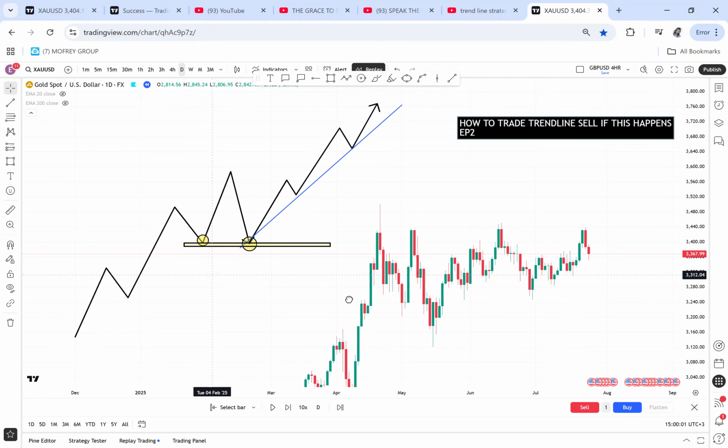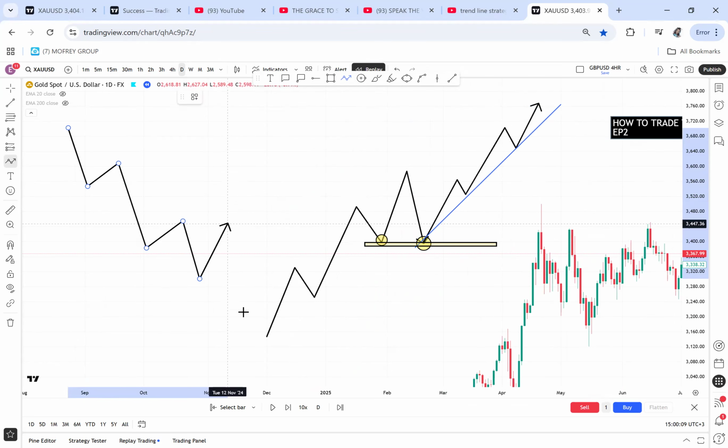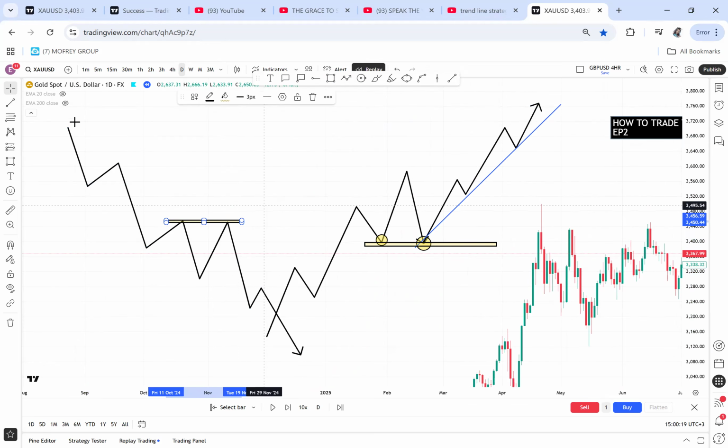If you want to put a trendline and you notice the market has been going on a downtrend, the only thing you need to do is spot a double top or same level. If you attempt to put the trendline starting from here, guess what happens?